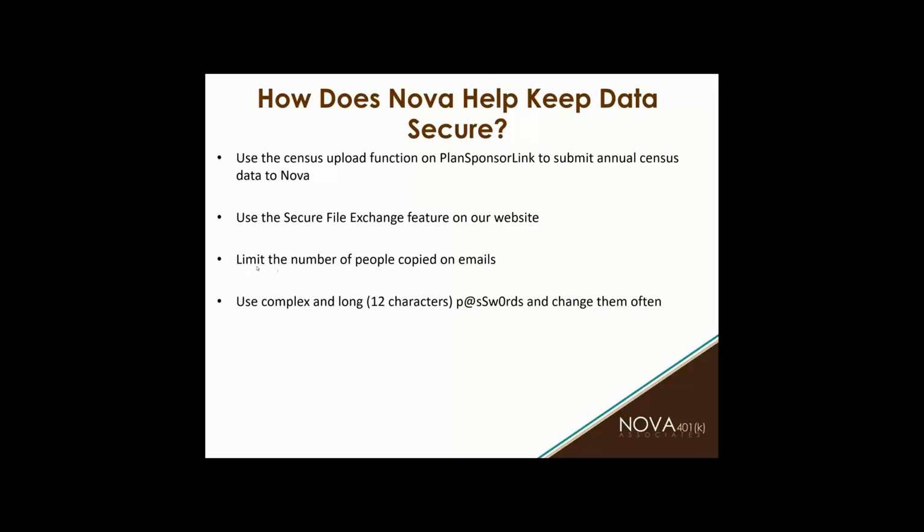If you send an email and it's an encrypted email, just limit the number of people copied on that email. It should only be sent to the person that absolutely needs that PII. And then use complex and long passwords and change them often. That is definitely something that Nova requires, and that should be something that you really do to help keep yourself secure as well.